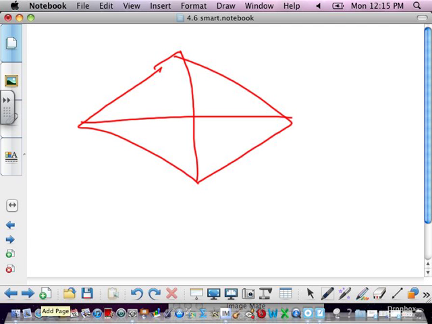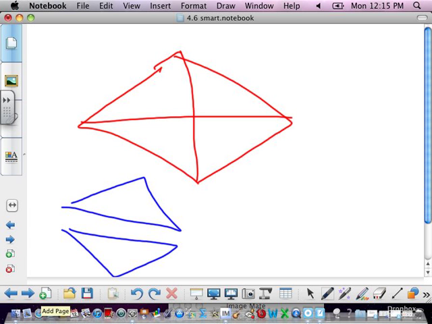We have these 2 triangles. We've proven those 2 triangles are congruent. I just want to know this part of those triangles.